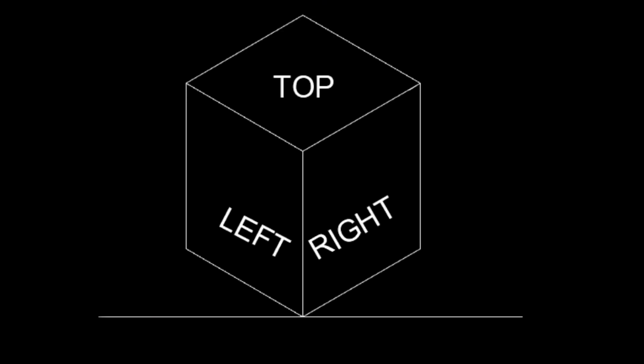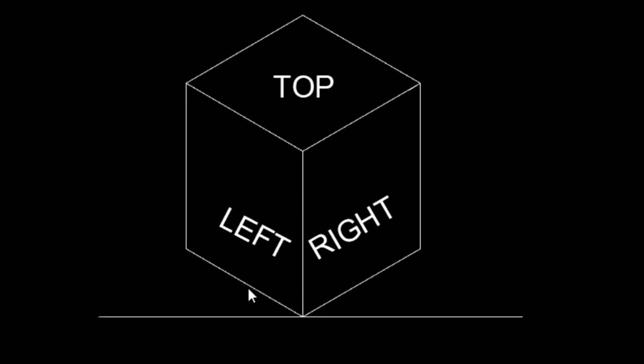Before commencing our learning process of isometric drawing, we need to know some basics. We know that isometric drawings are created by three planes, that is the top plane, the left plane and the right plane. And these planes are created by drawing lines at an angle of 30 degrees to the plane on the right side and on the left side.